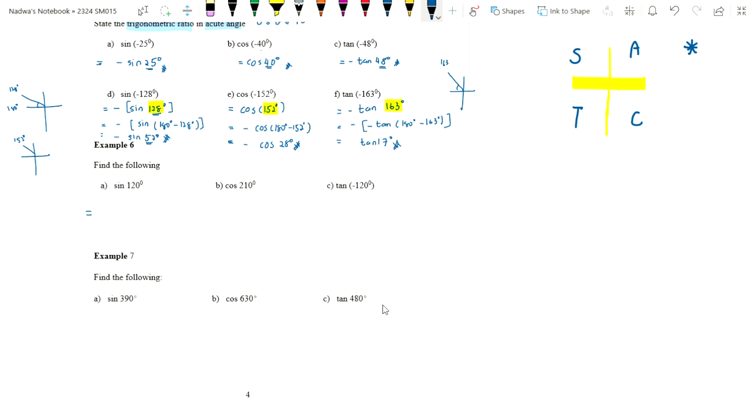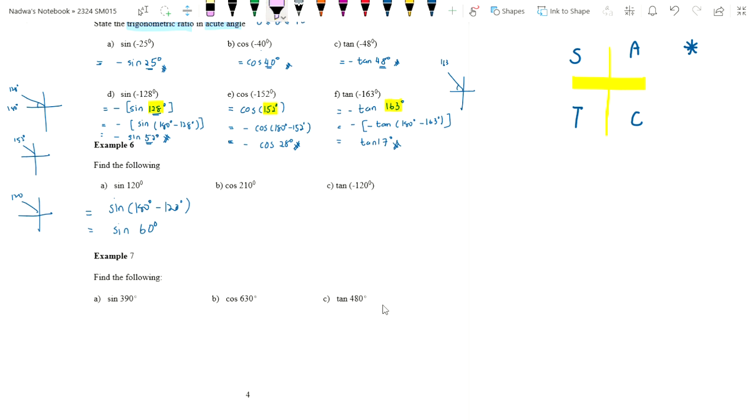Sine 120 degree is in the second quadrant here, meaning that sine is positive in the second quadrant. We don't need to put the negative sign. 180 minus 120 degree is equal to sine 60 degree. So as you can see, 60 degree is a special angle that I mentioned just now.